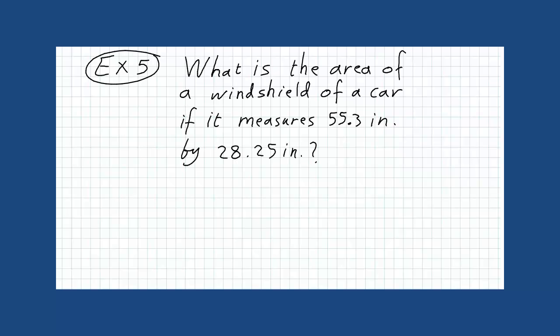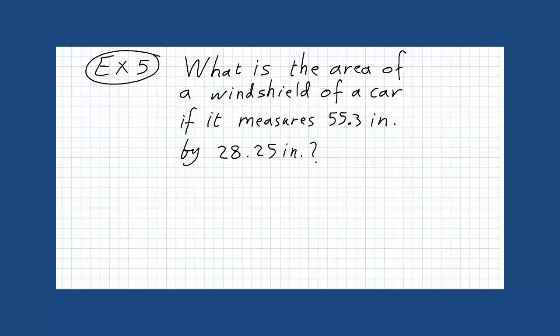What is the area of a windshield of a car if it measures 55 and 3/10 of an inch by 28 and 25 hundredths of an inch? So we can understand from this question that these two numbers are measurements. So we must follow the rules for multiplying or dividing measurements. Since the windshield is a rectangular shape, we can think about a rectangle.